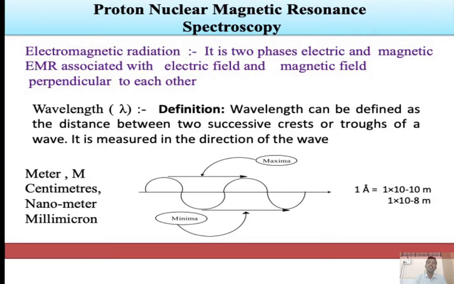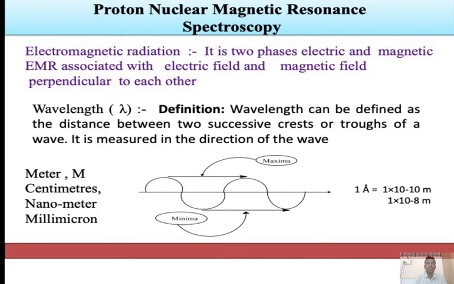After knowing the basic components, many times we will use some basic terminology, so we need to understand the basic concept of each point. The first is electromagnetic radiation. It has 2 parts, electric and magnetic.